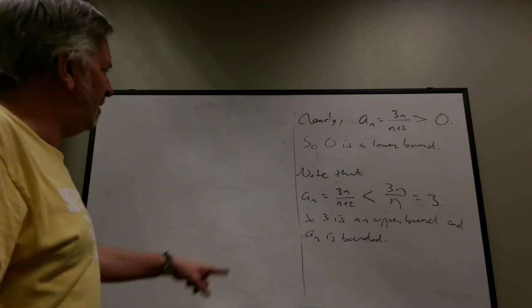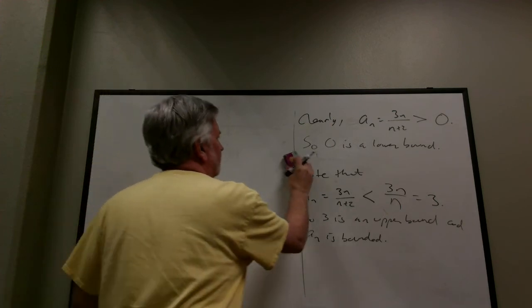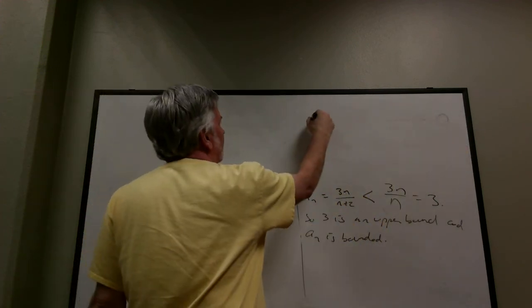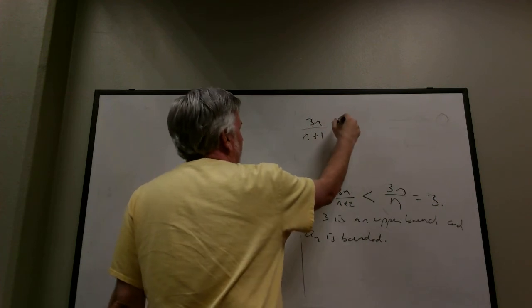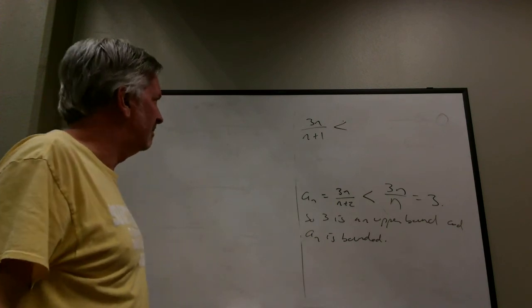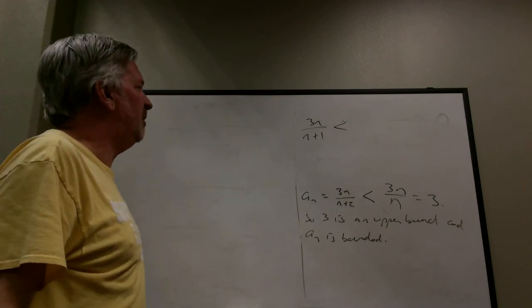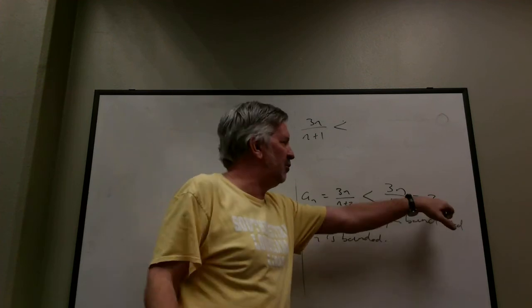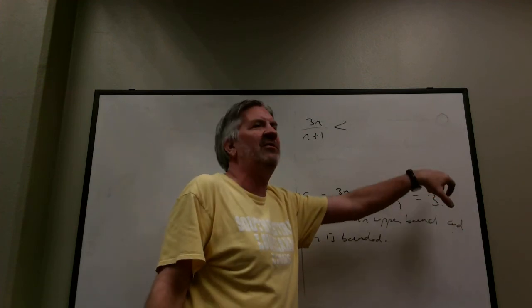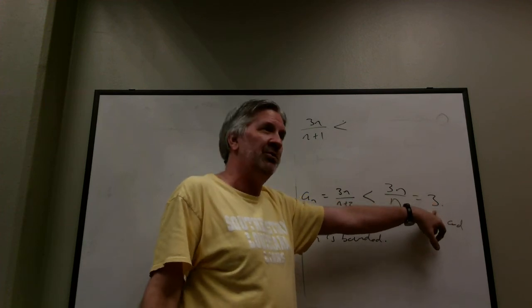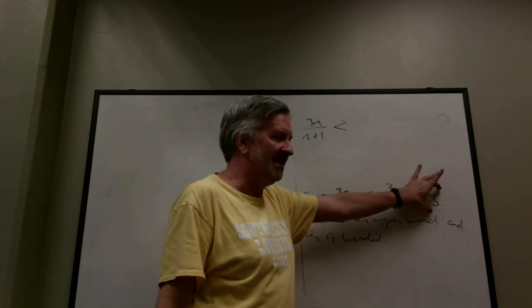Okay. Another way you could have done this one, let me show you. Instead of making the denominator smaller, we could have made the numerator bigger. Now, to make the algebra work out, remember, when you're doing boundedness, you don't want an expression like 3n or 2n or 2 over n, you have to get a single number.